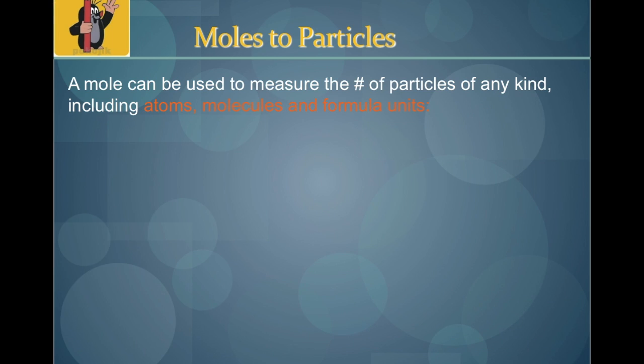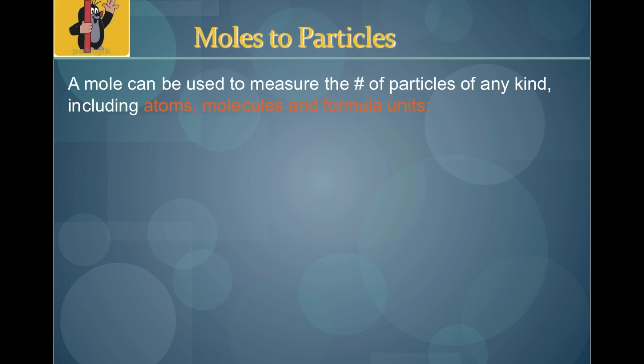A mole, like a dozen, is used to indicate a number of particles, and it's usually used to measure very tiny particles because it's a very large number. You wouldn't measure a mole of eggs because that would be more eggs than you could possibly get.